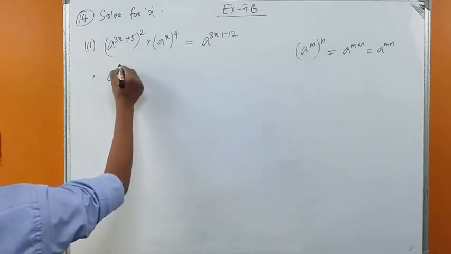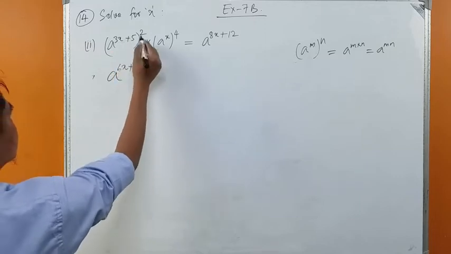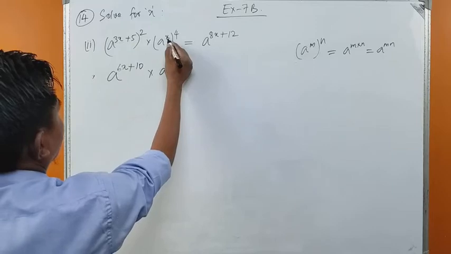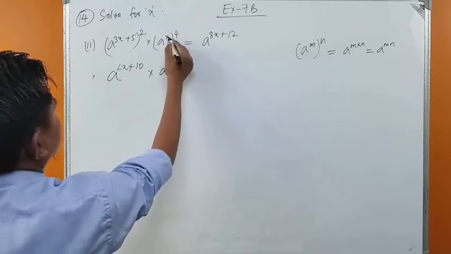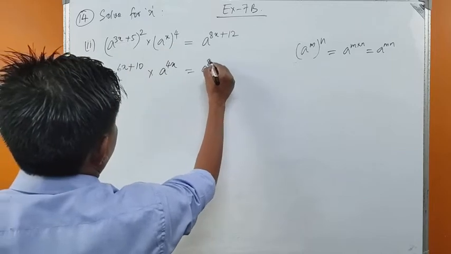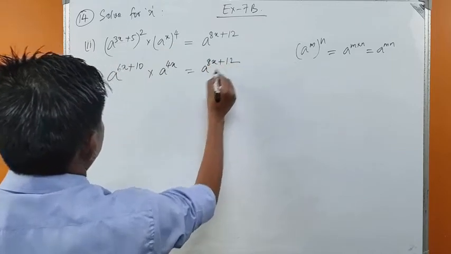2 3s are 6x plus 2 5s are 10, into a to the power m into n, means mn, x into 4, 4x, equals a to the power 8x plus 12.